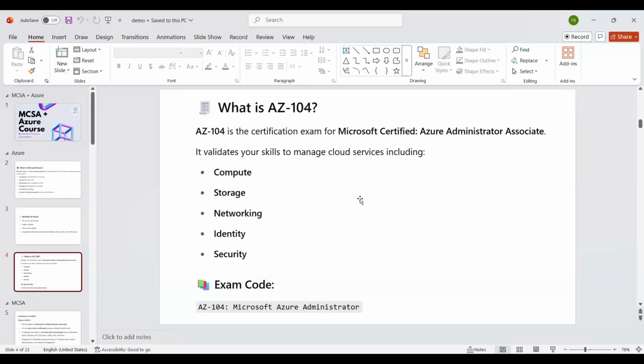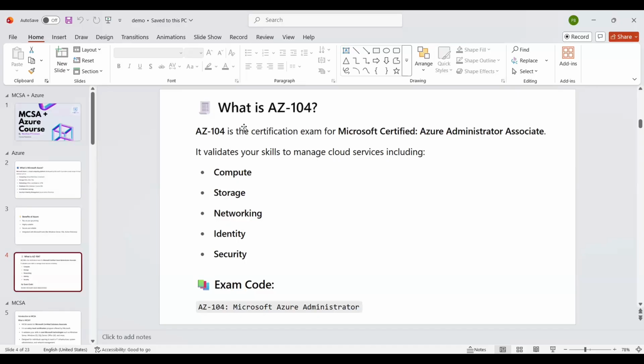Certifications are also offered by Microsoft. For our Azure cloud, we have the Azure Administrator Associate certification. The exam code for that certification is AZ-104, right? This certification will validate your skills at the global level.